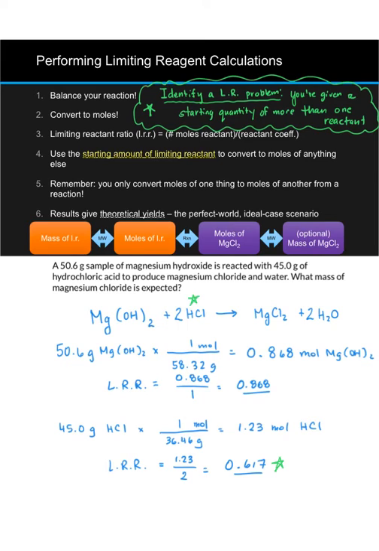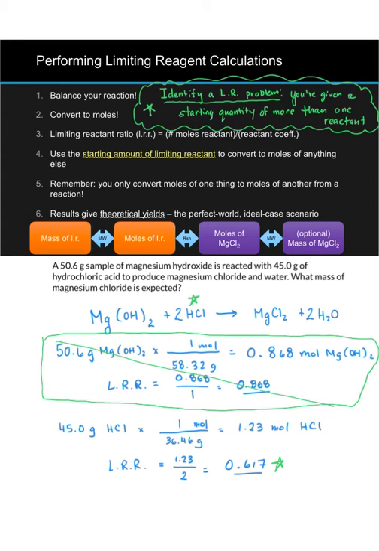Hydrochloric acid is our limiting reactant. It's the thing that runs out first because it's present in the smaller mole quantity. That means that we can completely ignore magnesium hydroxide for the rest of this problem. All we worry about is hydrochloric acid, so I can get rid of this entirely.